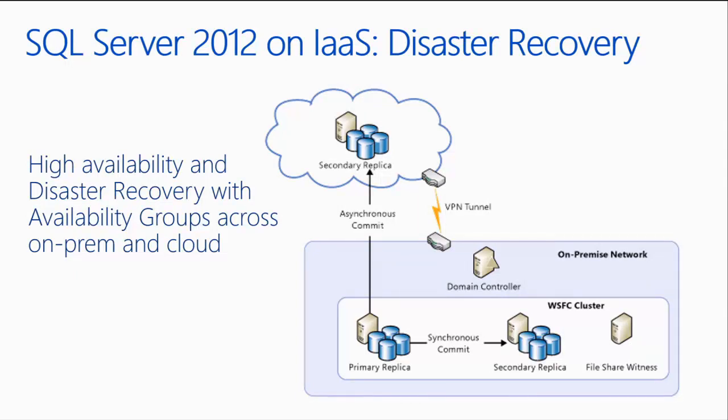You can, by creating a virtual network with this VPN tunnel shown in the picture, the stuff Ganesh showed you, then run one of your secondary replicas asynchronously in the cloud as well. So what you get here is that highly available system on-premises, maybe with whatever backup solution you want on-premises. But in addition, you get asynchronous replication to a secondary running in the cloud itself.